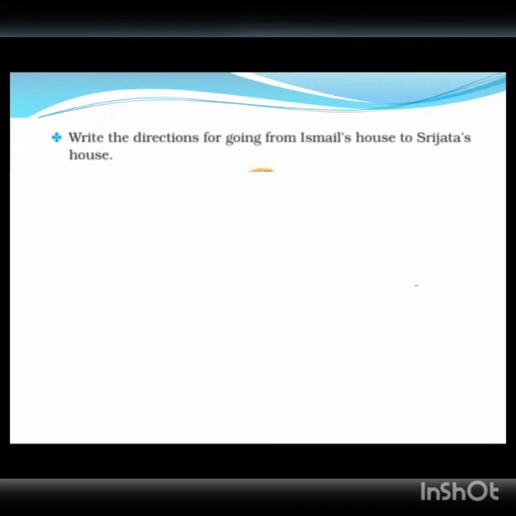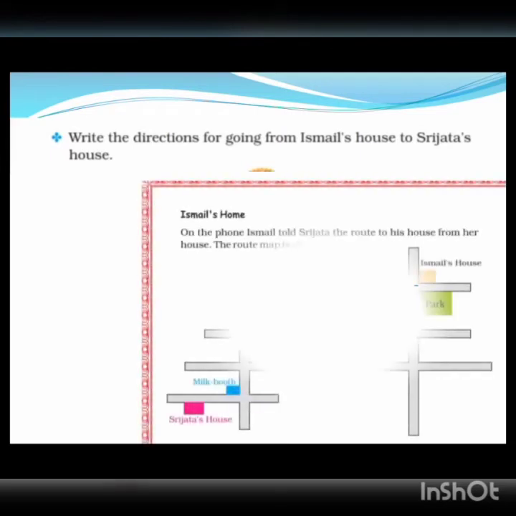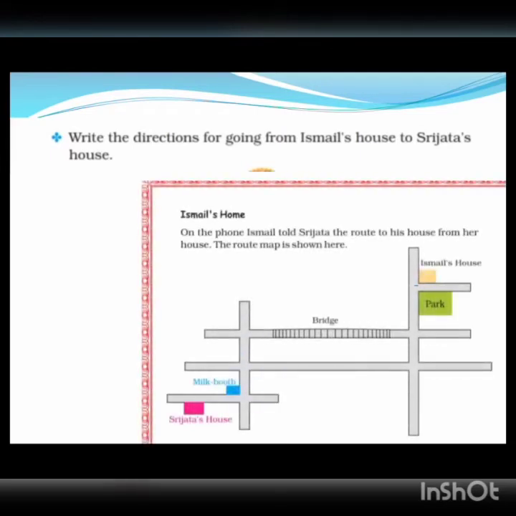Now, last question. Write the directions for going from Ismail's house to Srijata's house. Here is the route map. Now we have to find the route of Srijata's house from Ismail's house.